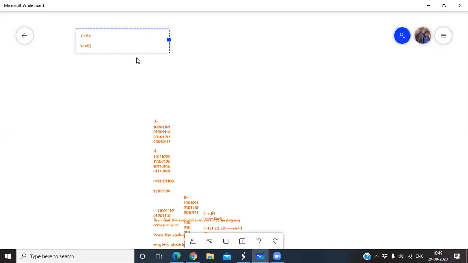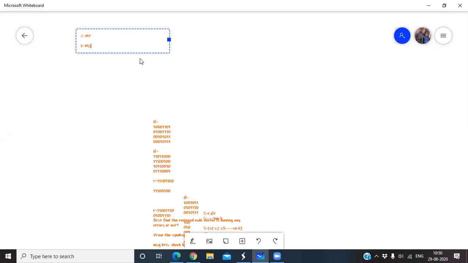Clear about all these things about encoding, syndrome, decoding, generation of code words. Whenever they mention the generator matrix, how to get the parity check matrix, and whenever they mention the check bit equations, from that how to find the generator matrix, how to find the parity check matrix, how to find the number of errors. Look at all those problems.